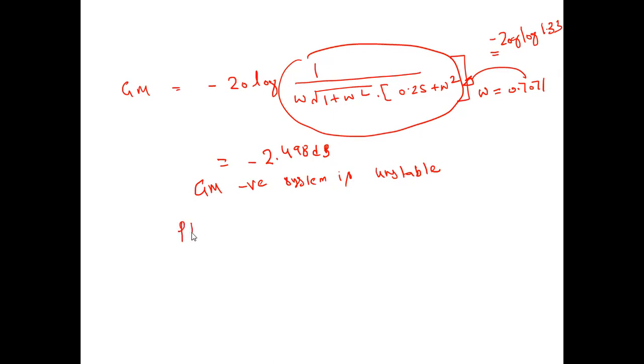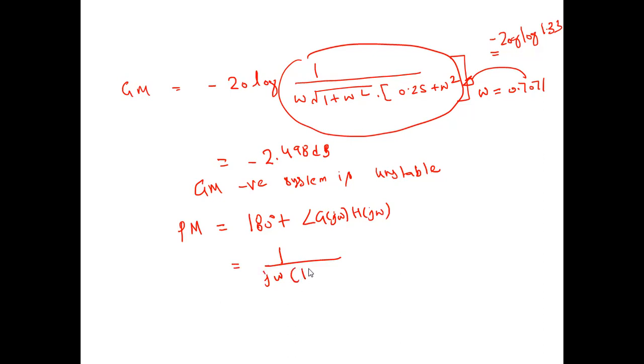If you have not watched my previous video, please go and watch it. Phase margin is 180 degrees plus the angle of G(j omega) H(j omega). And what is G(j omega) H(j omega) angle? 1 by j omega gives minus 90 degrees.